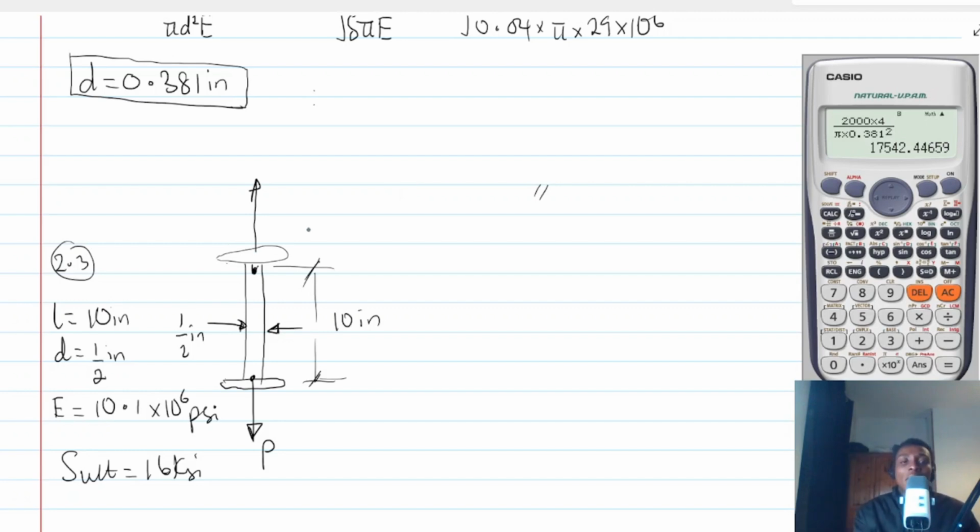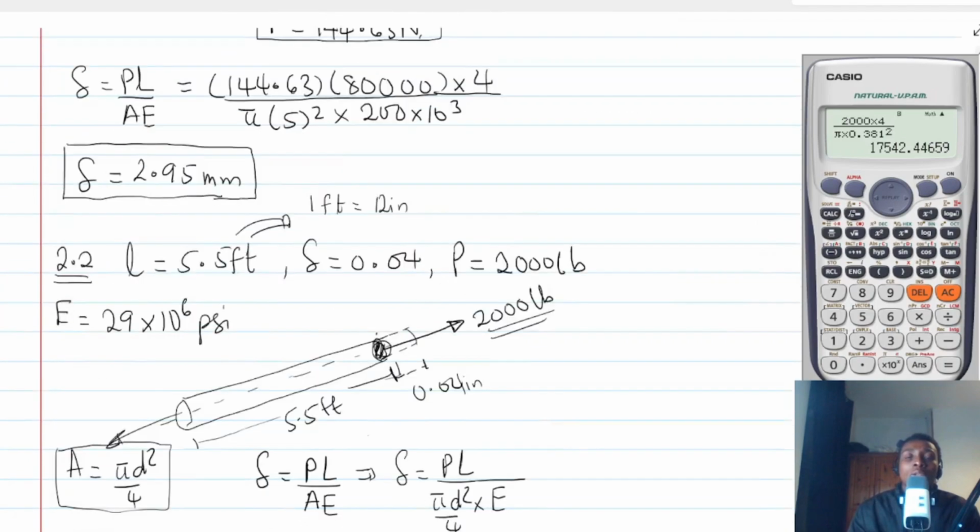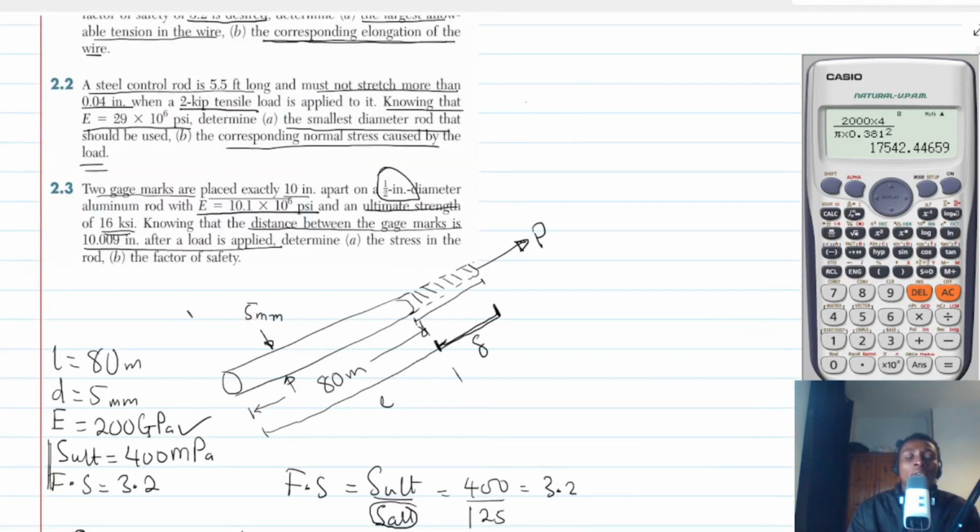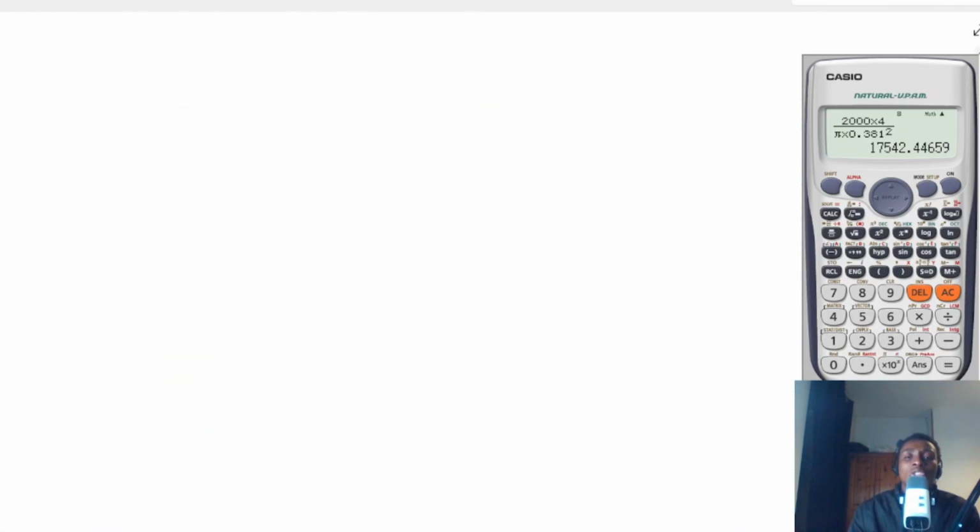After the stretch, there is a new length. It will experience some elongation, resulting in an elongated length of 10.009 inch.